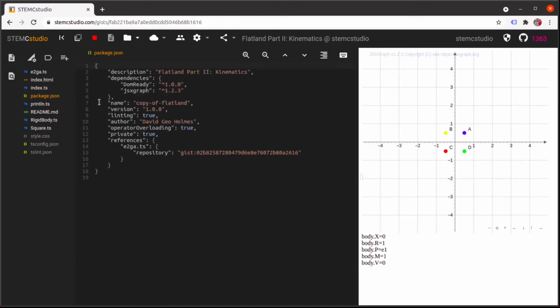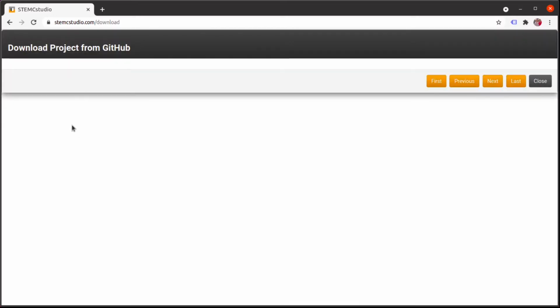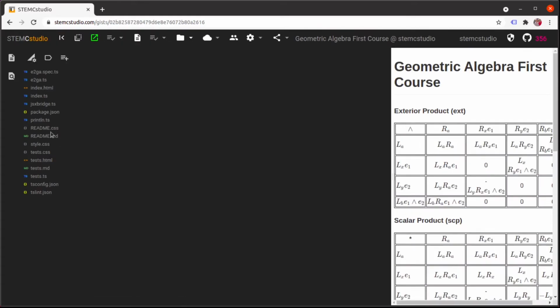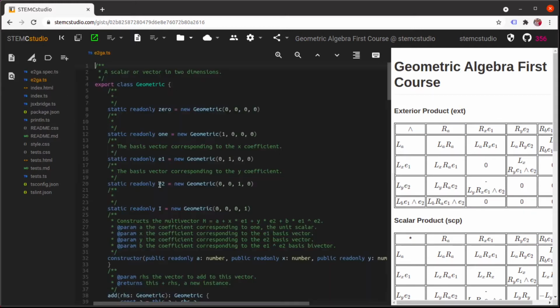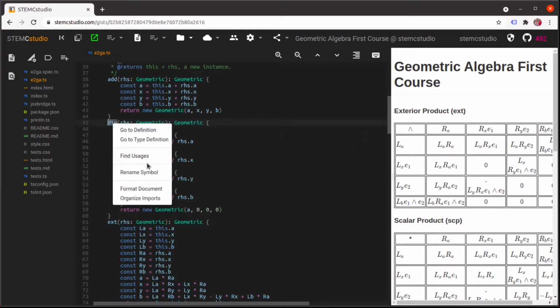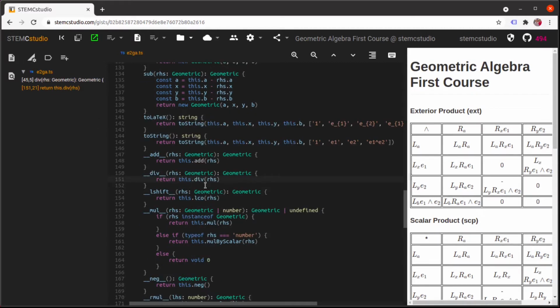So we need to go to that repository, the 02b repository. I'm looking for my Geometric Algebra first course. In the interest of quickness, I may not fully test this. We've got div here, and if I find the usages of div, we'll see it's the implementation of the dunder div, which is the operator overloading.